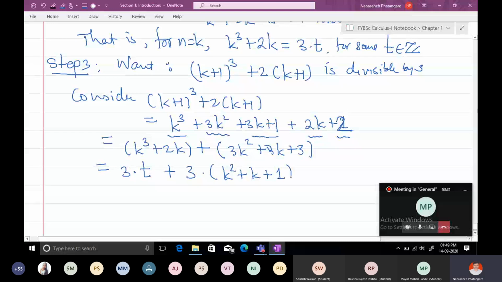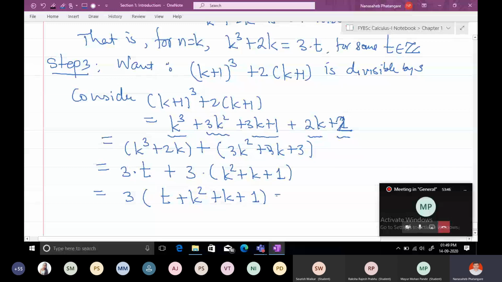Okay, so now in these two terms 3 is common. I can say that it is 3 times t plus k square plus k plus 1. And what is this? The last expression is 3 times some s.